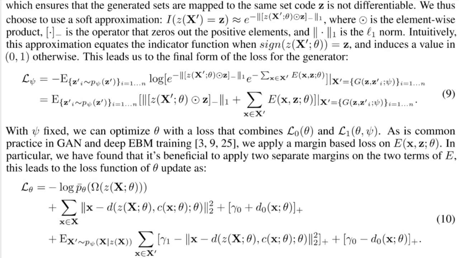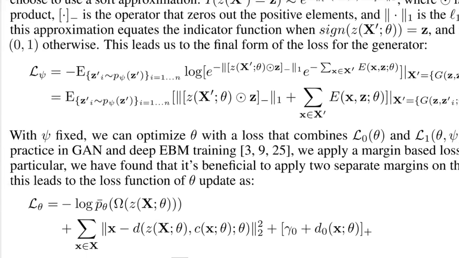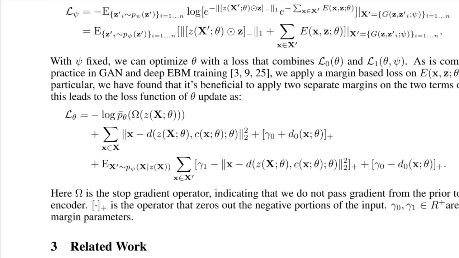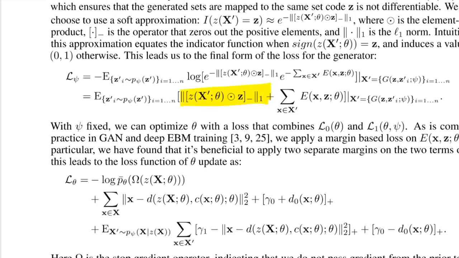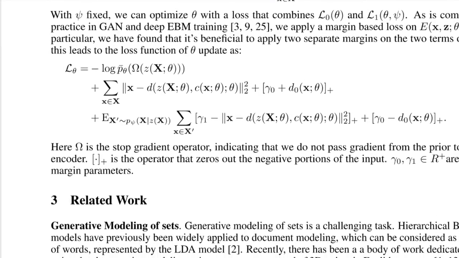For example, to train the encoder, I think you have to make a bit of an approximation, in that the encoder is supposed to match this z vector, right? And that's not differentiable by itself. So they have this sort of L1 approximation right here. They leave away the entropy from the loss, and they have found that to work well.